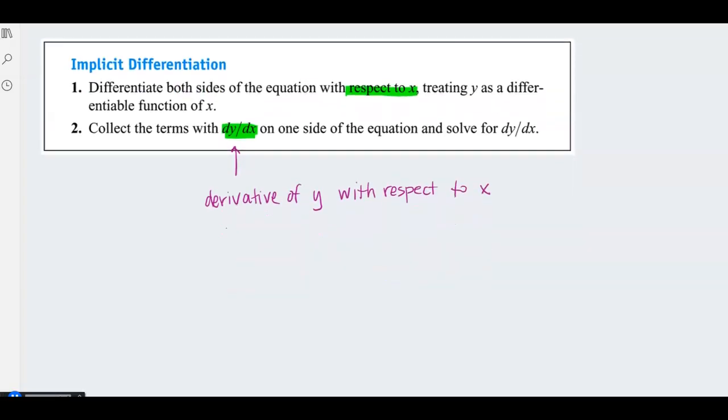Meaning that if we could rewrite a function as y of x equals something, x is the variable being plugged into the function, and y is the output value.